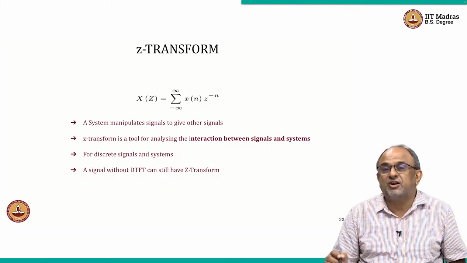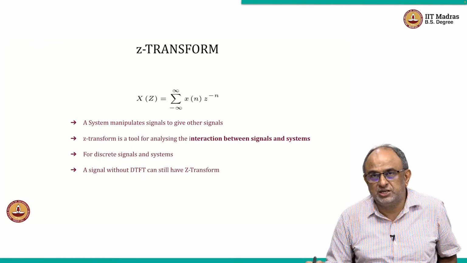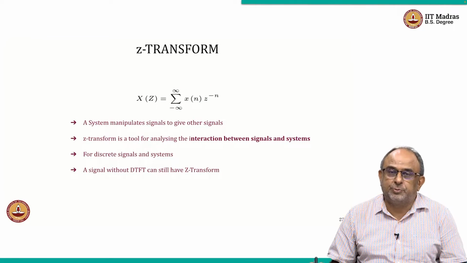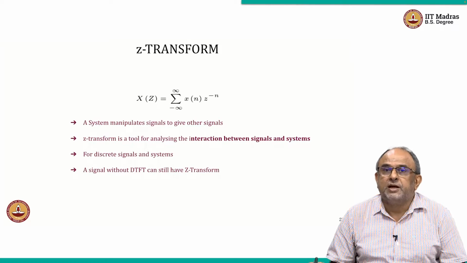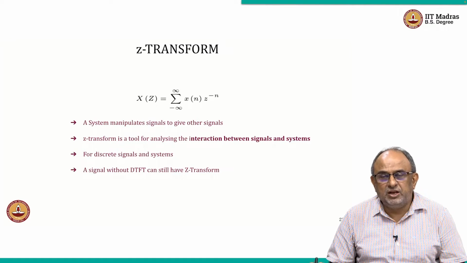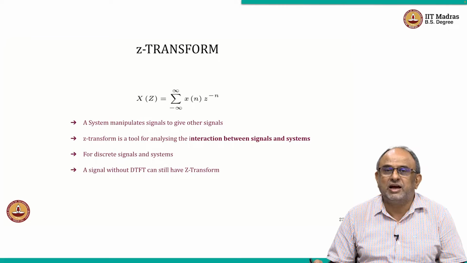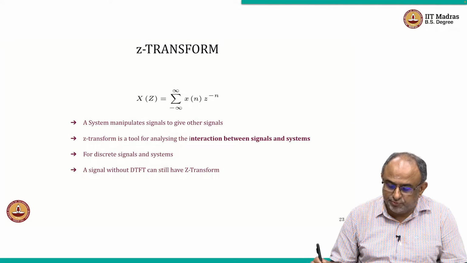So, actually the Z transform is a more general representation of the discrete time Fourier transform. But we typically talk about the Z transform when we are trying to design and analyze systems and so on. And so, that is the perspective from which you should look at Z transforms.